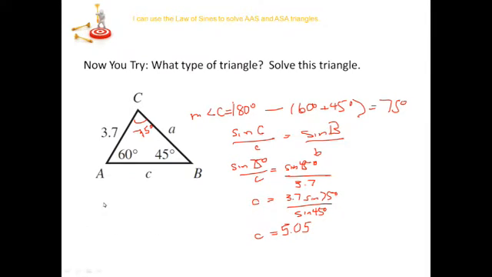I got 5.05 for C, and I'm going to do that same process again for B, for A, I mean.